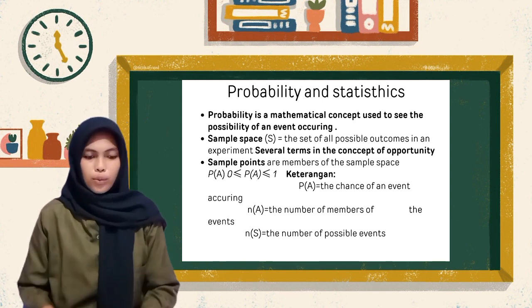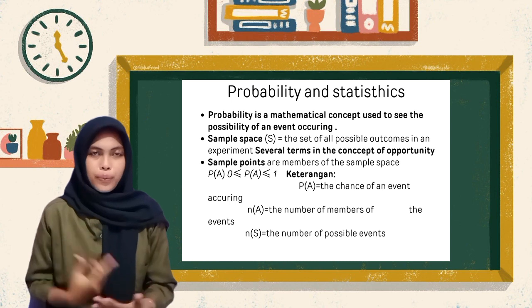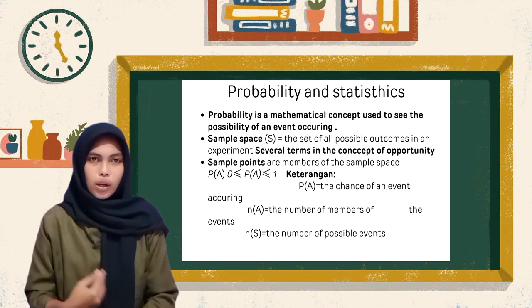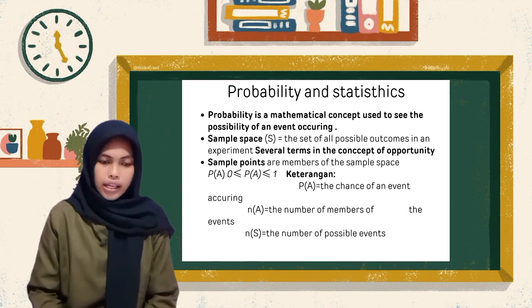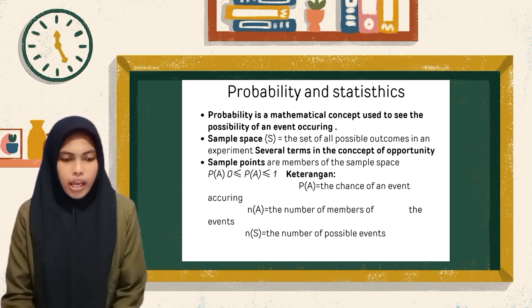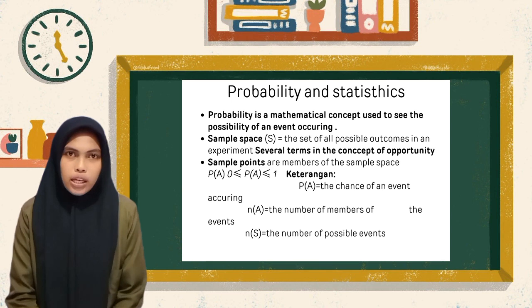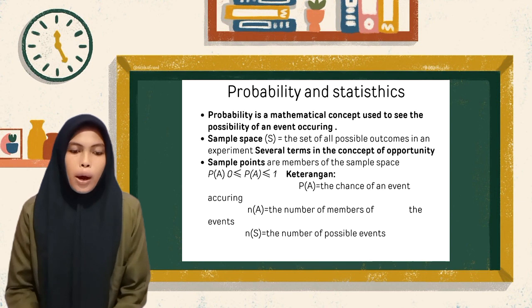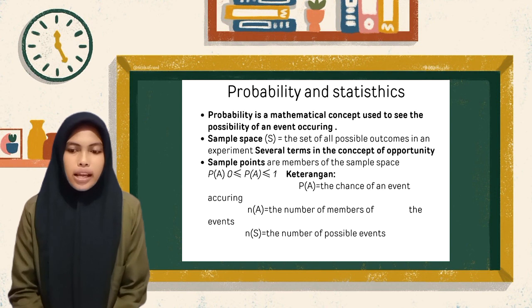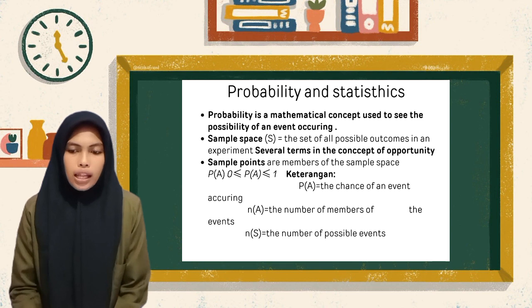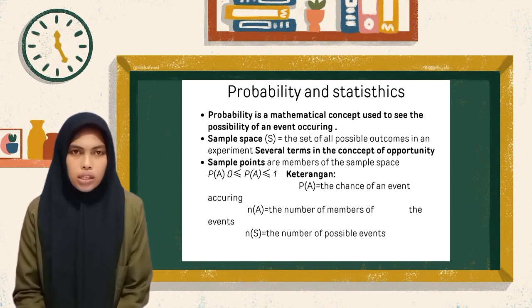And the formula: P of A equals N of A over N of S, where P of A is greater than or equal to 0 and P of A is less than or equal to 1.